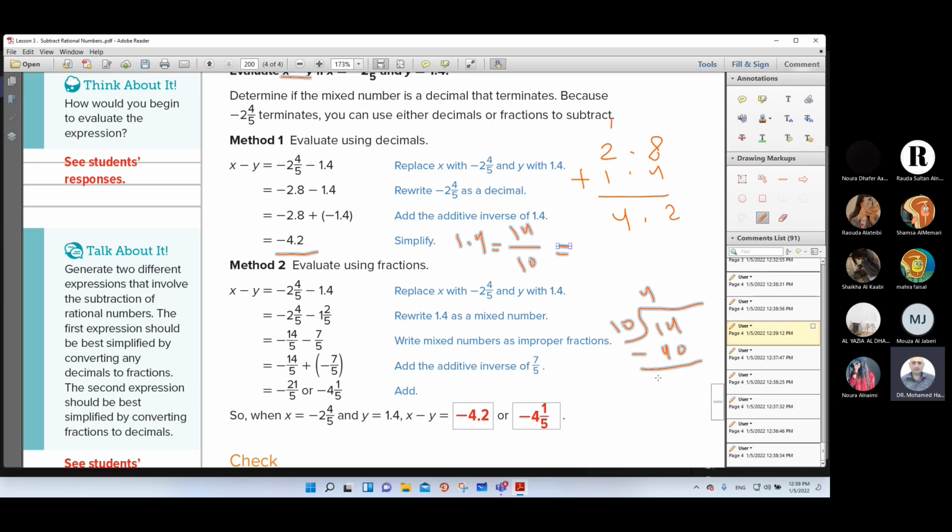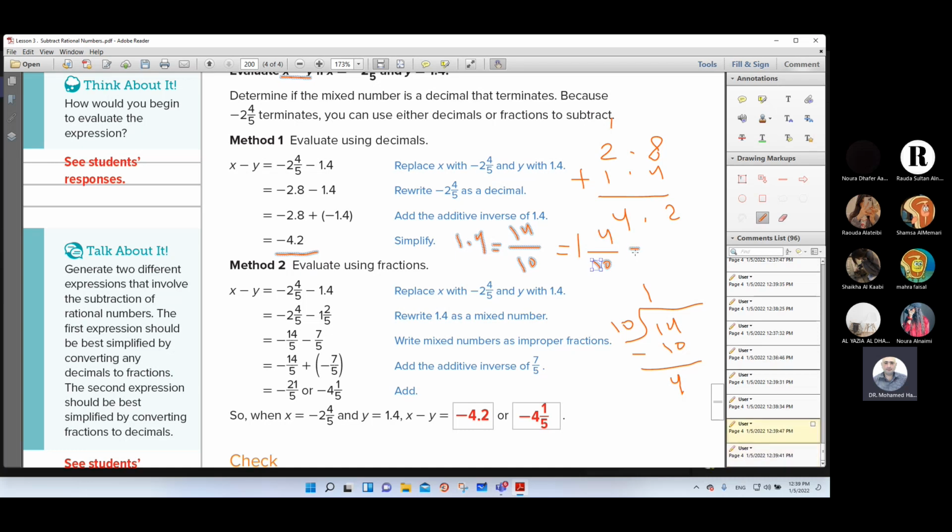14 minus 10 will be 4. So the quotient will be the whole number, the remainder will be the numerator, and the divisor here will be the denominator.